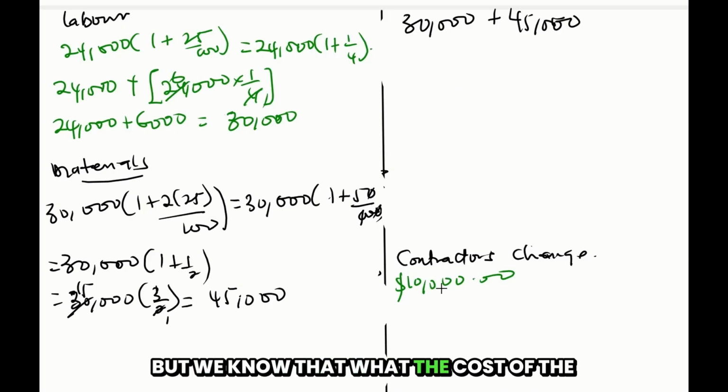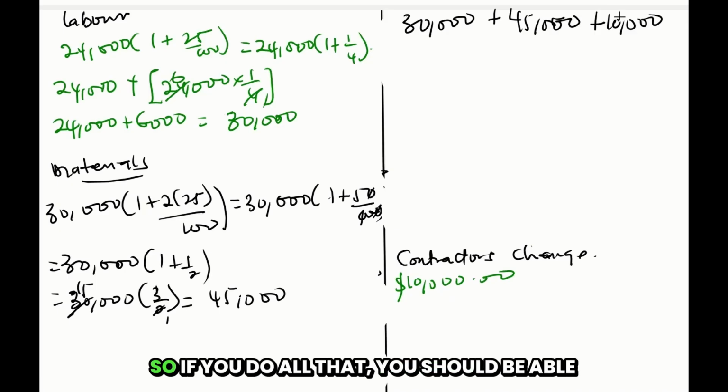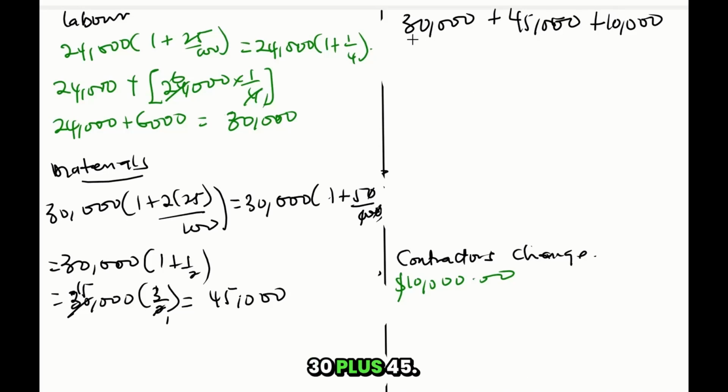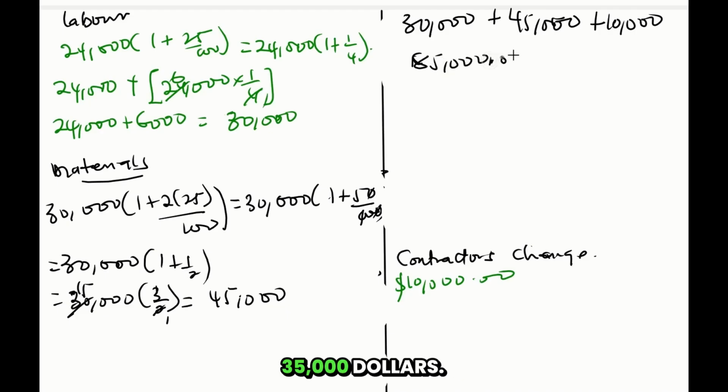But we know that the contractor's charge remains unchanged. So this is also plus $10,000. So 30 plus 45 is 75, plus 10 is 85. So this is 85,000.